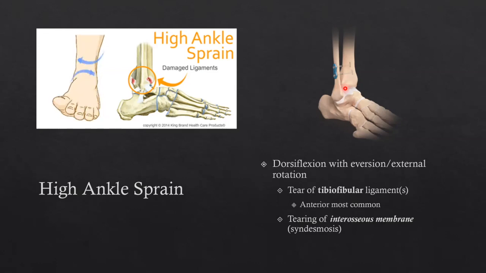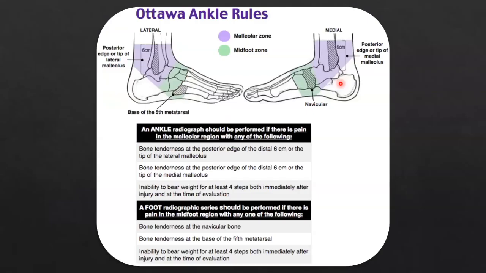Usually the mechanism involves excessive dorsiflexion with eversion and external rotation. Also, if you land on somebody's foot and your foot rolls in a more anterior posterior direction, that may also cause the tibiofibular ligaments to stretch and or strain.